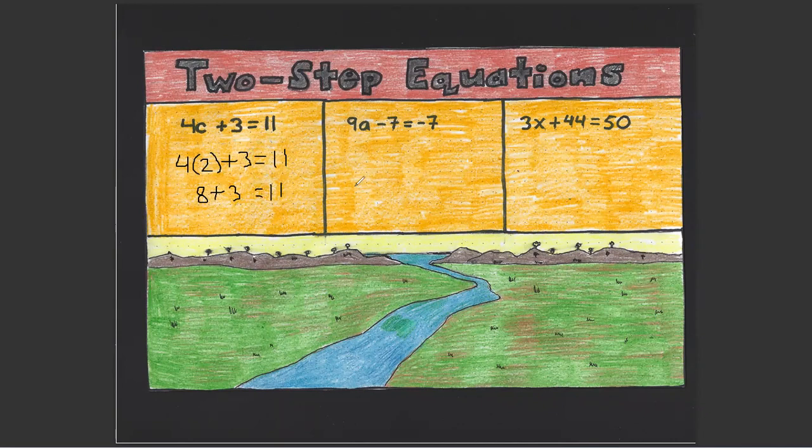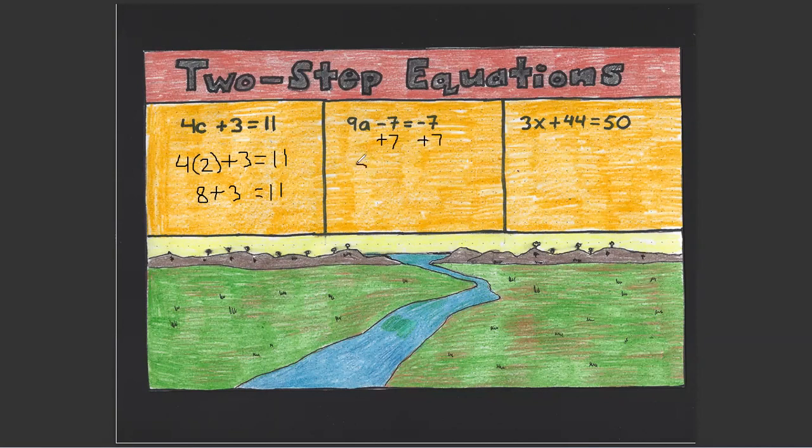And let's move on to 9a minus 7 is equal to negative 7. What we're going to do is have our variable on one side of the equation while putting our numbers on the other side, and we'll do that by adding 7 to both sides. Again, whatever we do to one side, we do to the other.